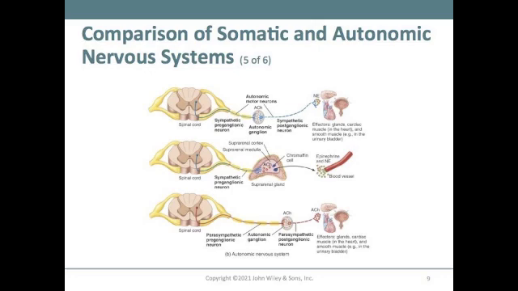Well, the parasympathetic is going to communicate with these organs using the neurotransmitter acetylcholine, as opposed to the neurotransmitters that these guys are using to communicate with the organs. This is an important point that you need to take home, because in general, the sympathetic nervous system is what we call fight or flight, and the parasympathetic is rest or digest.